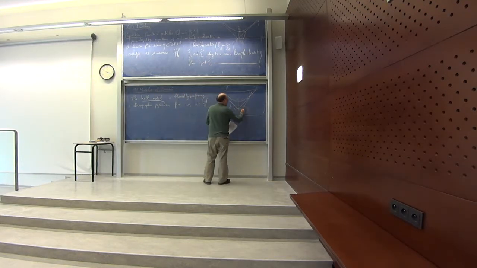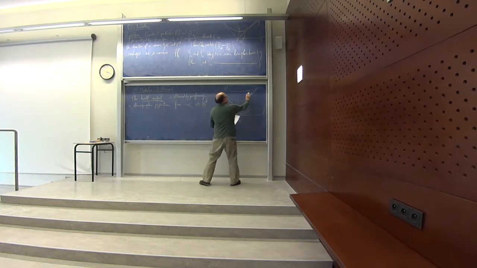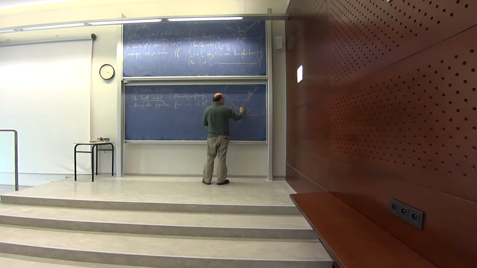And I obtain some point here, say U, and no, I call this one P. I usually denote by P the points of the hyperbolic space, and this one by B, like the ball, big B.